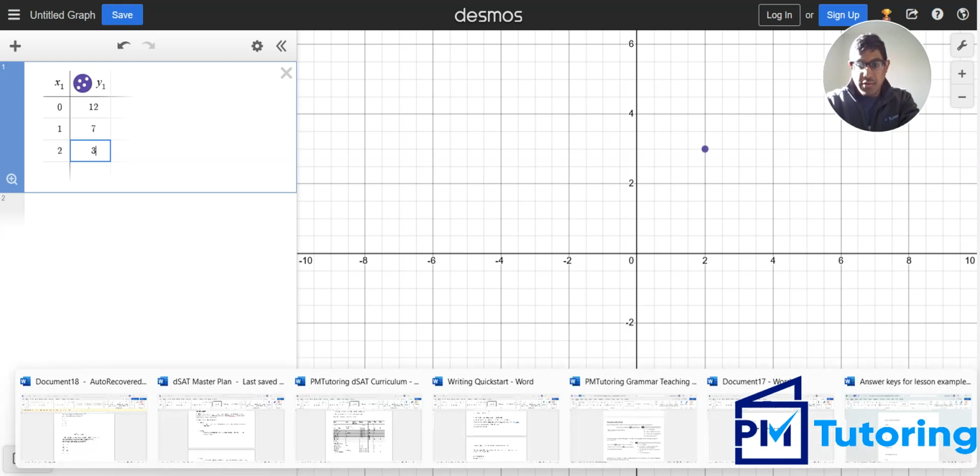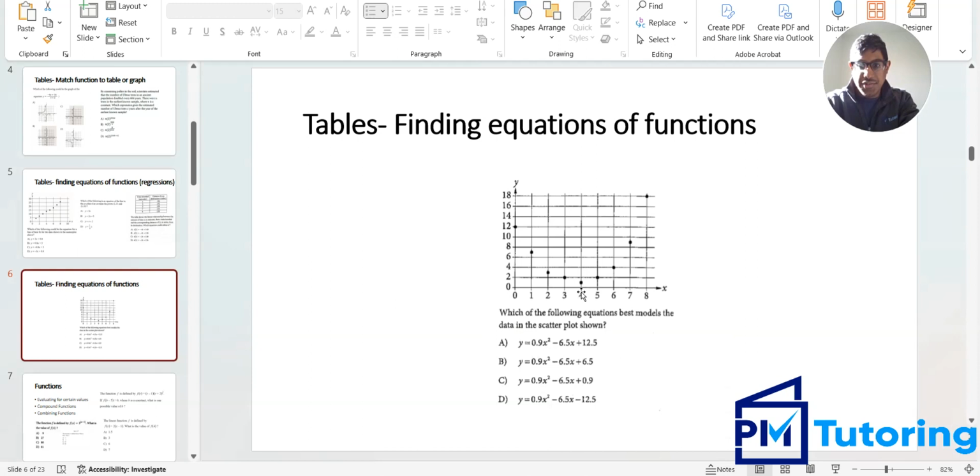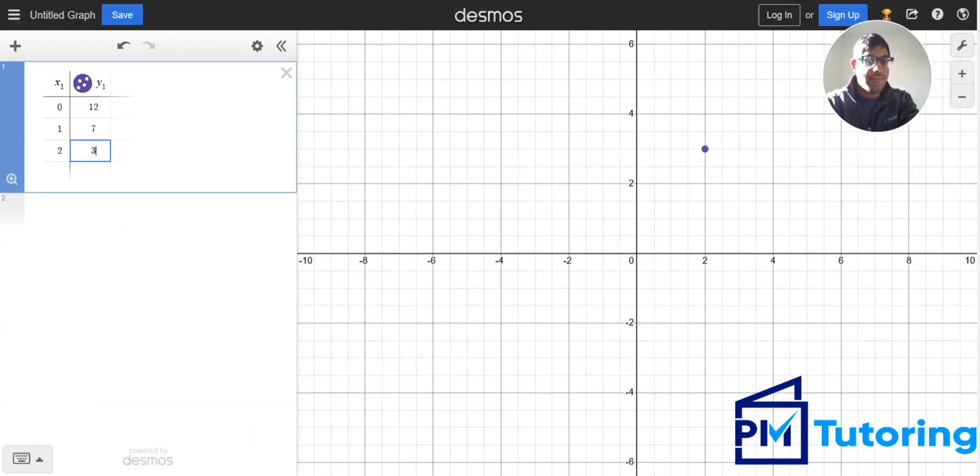And then we could go on from there. Let's just throw in the minimum point there, 4, 1, and then 5, 2, and 6, 4. So 4, 1, 5, 2, and then that last point we found was 6, 4.